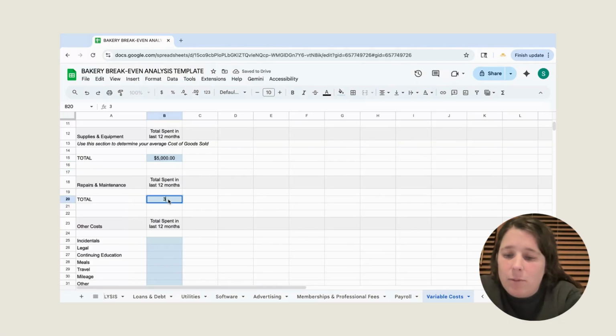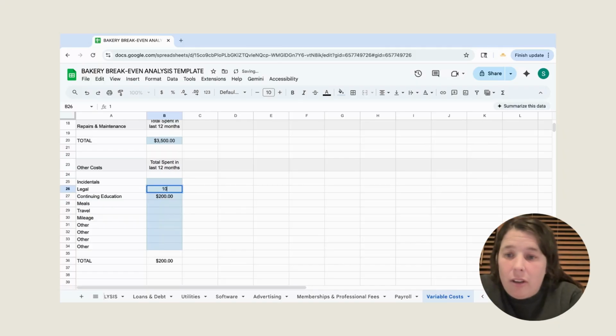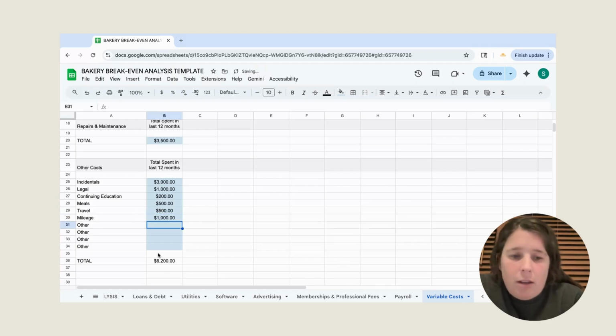Repairs and maintenance, we had $3,500, we'll say. Incidentals, kind of anything else that doesn't fit into these. Mileage, travel, meals, continuing education, legal, just anything you want to account for that comes up in a year. And then again, if you want to add any rows or add any other things, that goes there.